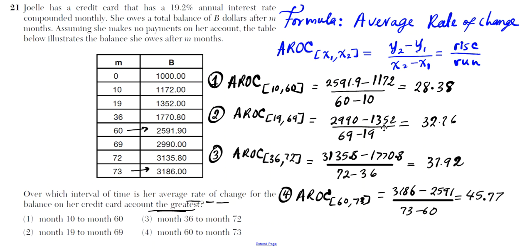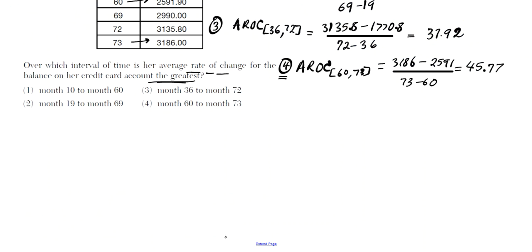The question asks for the greatest average rate of change. So on which interval did we have the highest result? We can clearly see that it's in the 4th interval. Let's write down our answer.